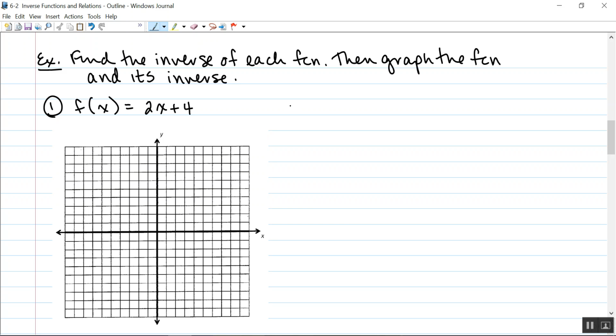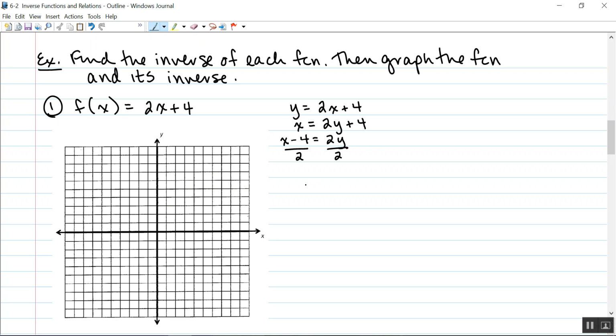To do that, we replace f of x with y. And because the inverse flips the x and the y, we're going to exchange x and y. So I'm going to write this as x equals 2y plus 4. And now I will solve this for y. So subtracting 4 on both sides, and then dividing everything by 2.